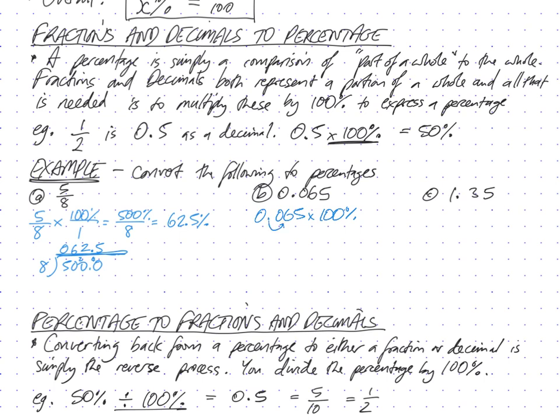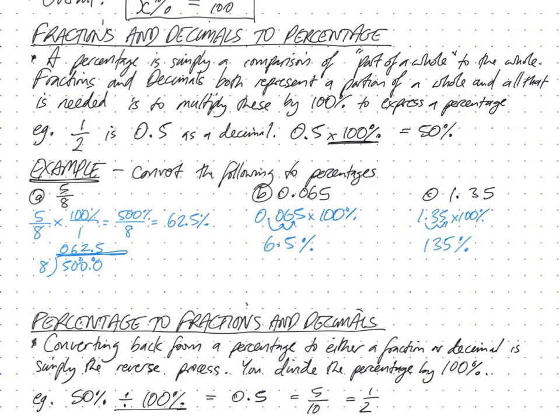If I'm timesing something by 100, it jumps the decimal point twice to the right. So 0.065 is going to be 6.5%. And then 1.35, same thing. 1.35 times by 100%. Jump the decimal point twice to the right. It's going to be 135%.